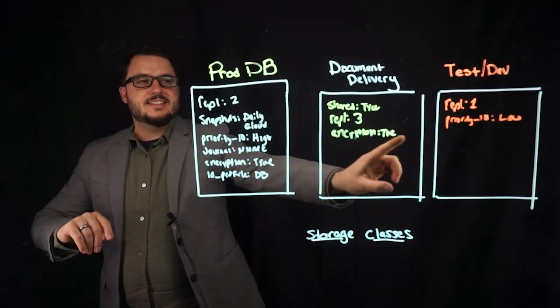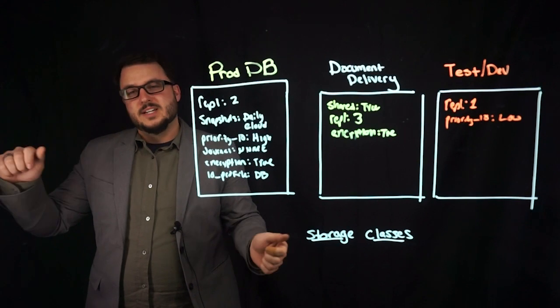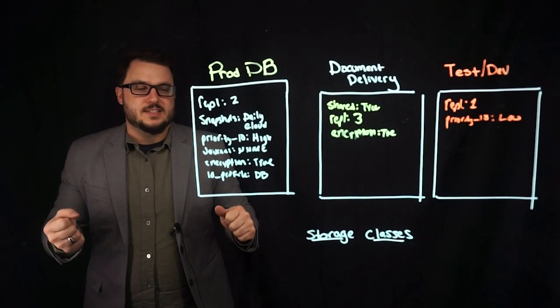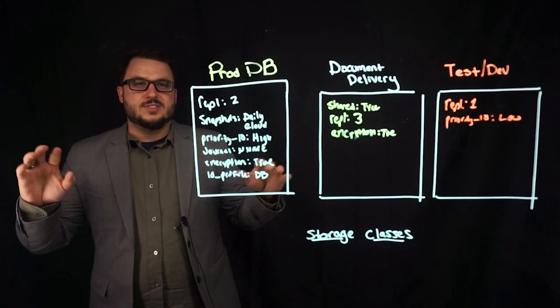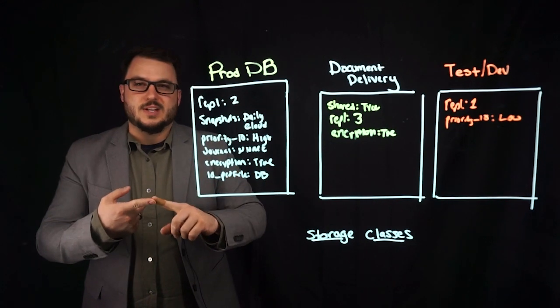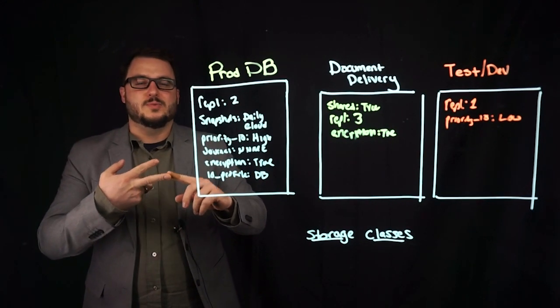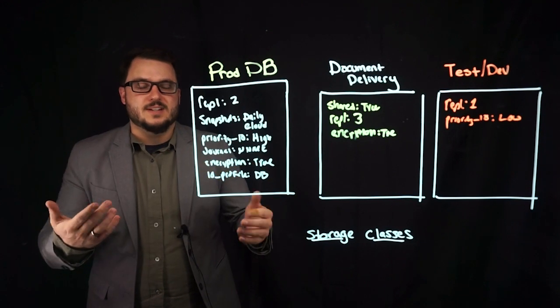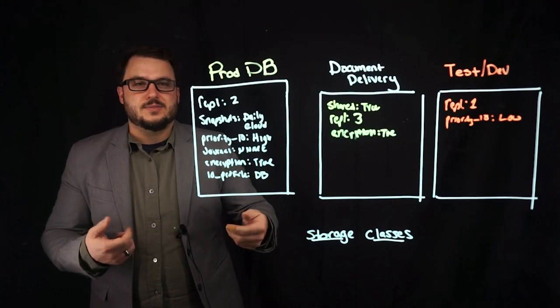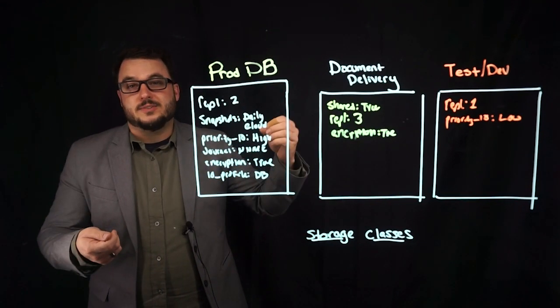this isn't exactly the syntax you'd use in the storage class. We'll jump back to our lab and take a look at what that looks like. But this just gives you a sense of what storage class do I use for what application and when do I use it. And then, after you think through that, this is how you'd go about creating that.